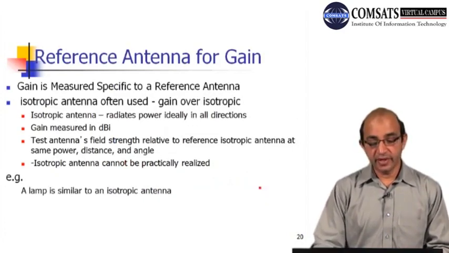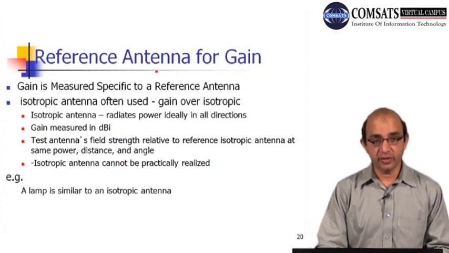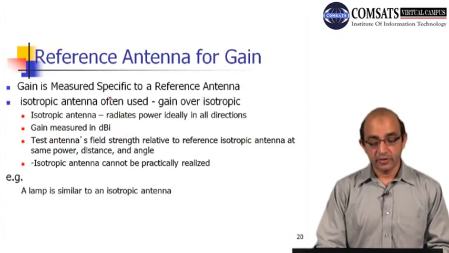So, reference antenna for gain. The isotropic antenna is used as a reference antenna in order to calculate the gain of the real antenna, or the antenna that is going to be designed or used for the underlying communication system. As a reference antenna, the isotropic antenna is often used, with gain over isotropic.